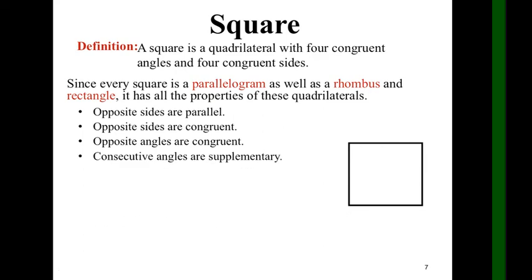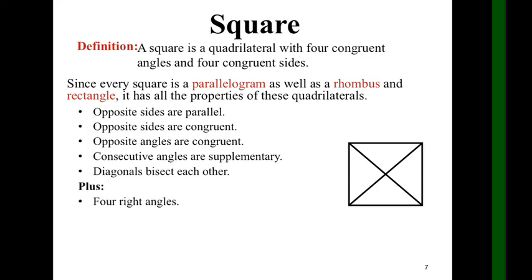Okay? Next is opposite angles are congruent. So, lahat ng angles ay pare-pareho. They are all 90 degrees. Consecutive angles are supplementary because 90 plus 90 is 180. Diagonals bisect each other. Ayan. So, they form equal angles kapag nag-bisect tayo.